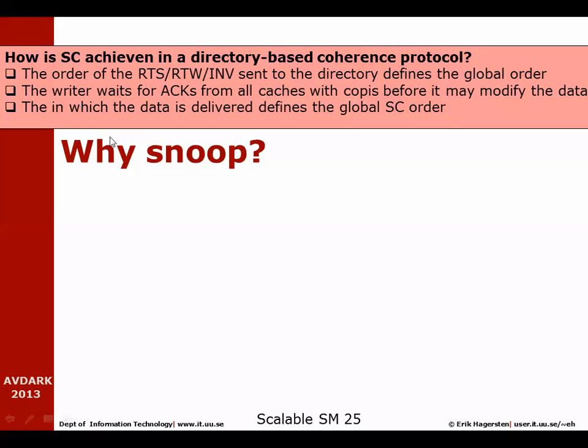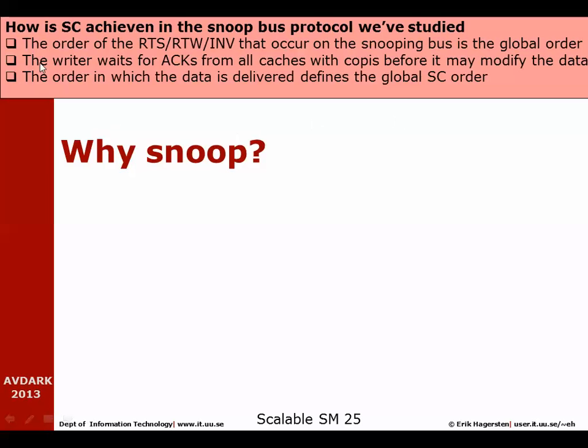As we saw in the previous example, the writer waits for acknowledges from all the other caches before it may modify the data. Do you remember how sequential consistency was achieved in the Snoop-based cache coherence protocol? It's simply the order of all the read-to-shares, read-to-writes, and invalidates that occur on the snooping bus that defines the order.